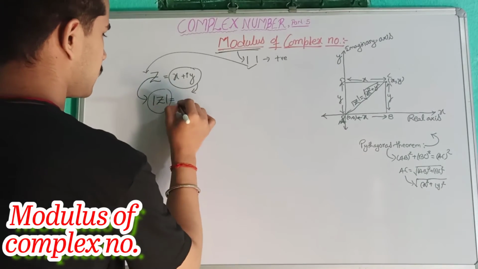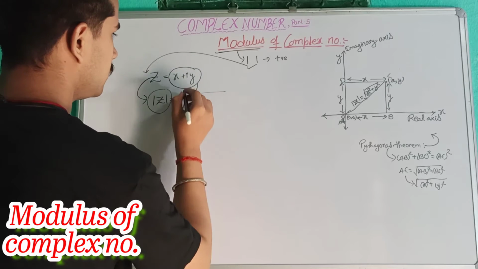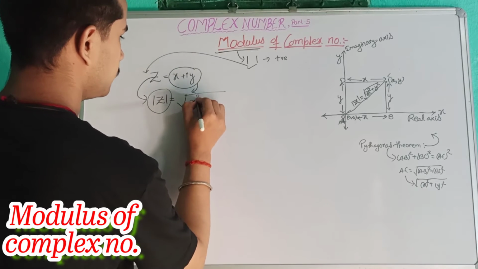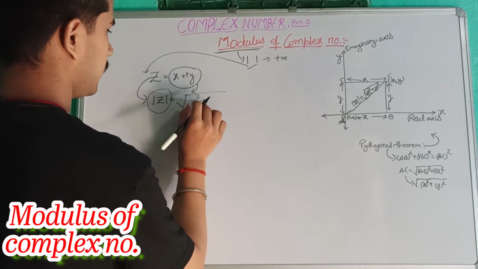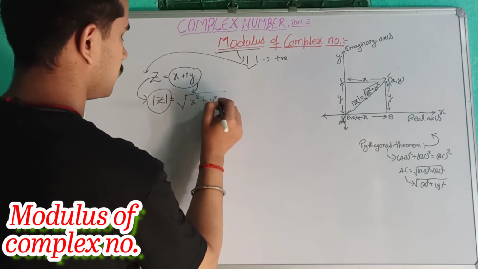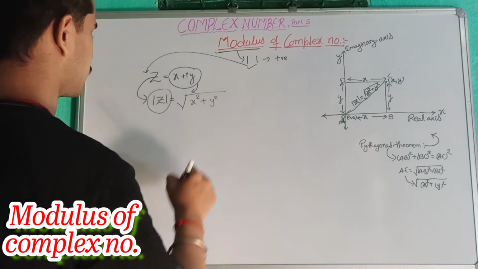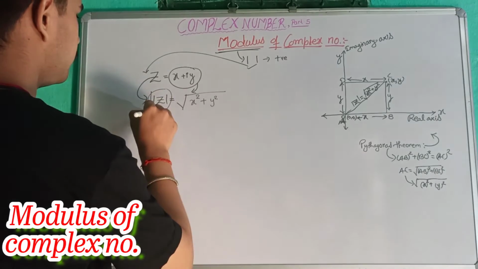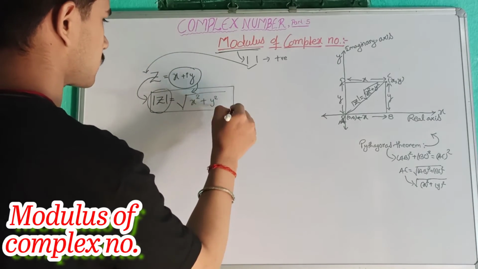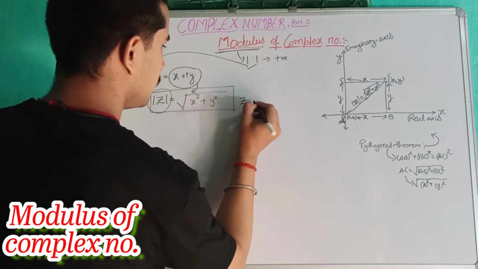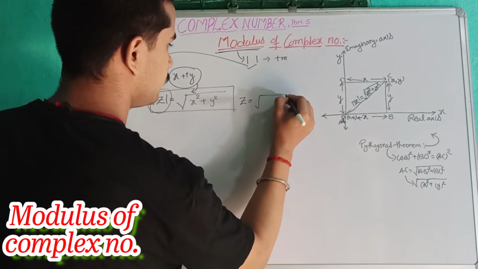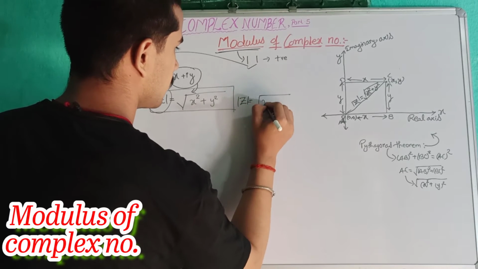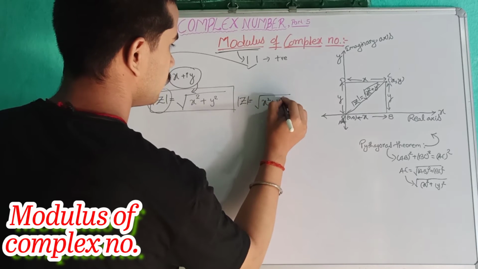this is the role of modulus of complex number in a Cartesian plane. So in order to find the modulus of a complex number, what we need to do is just square the real part and then square the imaginary part, and then take the square root. That will be the modulus of the complex number. Let me write it clearly. The general form for modulus of complex number will be under the root x square plus y square.